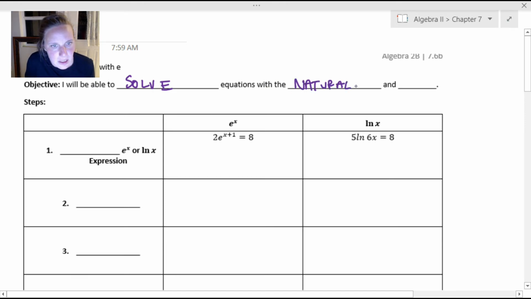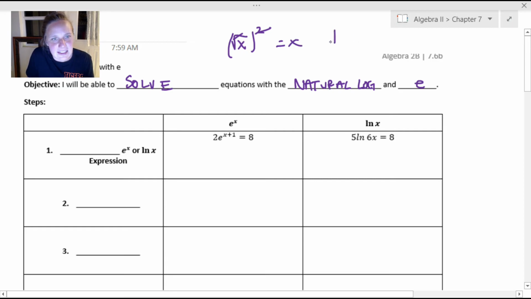What you need to know about the natural log and e is that they're inverses of each other, like the square root of x and squared are inverses. They undo each other. We can cancel each other out, and then we just get x.